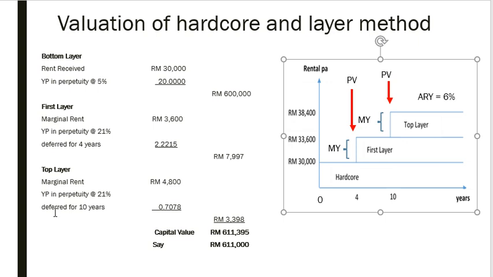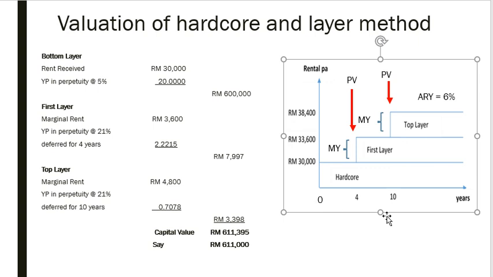However, remember, deferred for 10 years. Why deferred for 10 years? Because this box at the top layer started after 10 years. Since the box started here, and there's an arrow of PV, remember? If the box started after 10 years, we need to bring it back and present value it for today, because we're doing the valuation today.